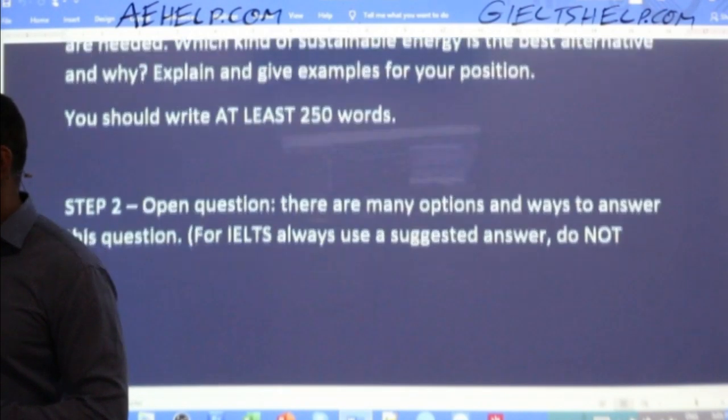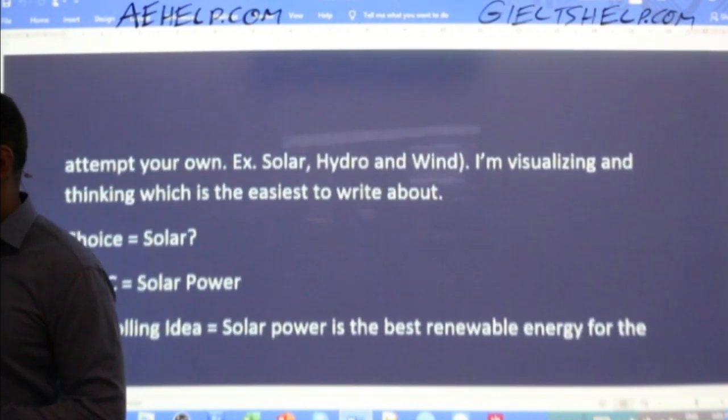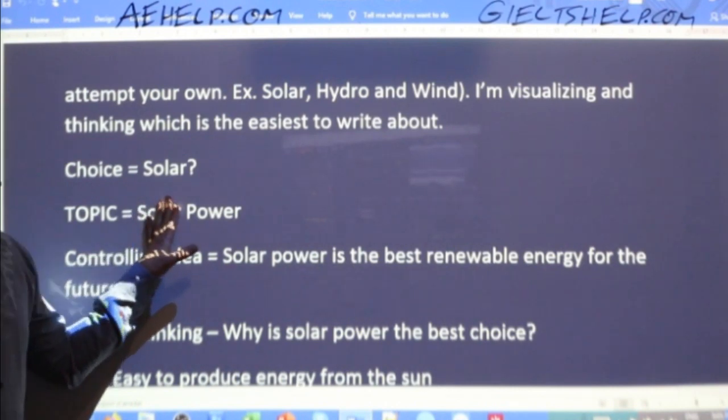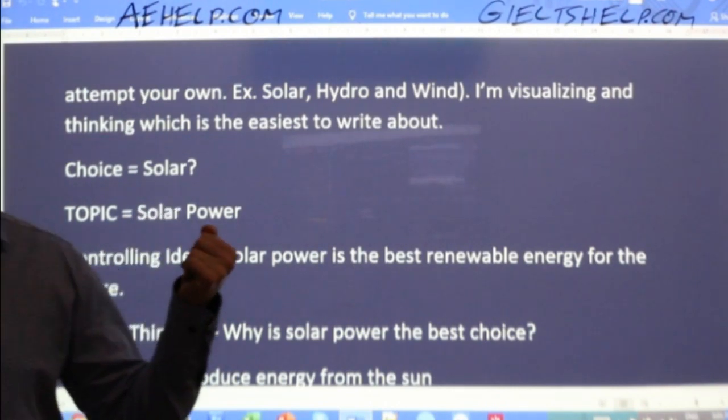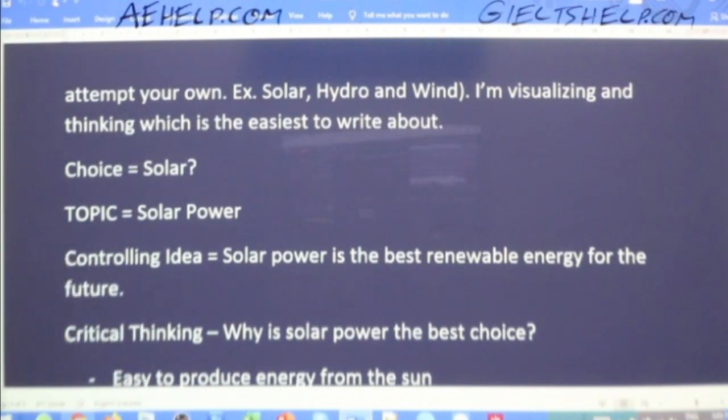Okay, so we paraphrased the question. We made sure we understand it. Then we realized that choosing solar power is a wise decision because there's a lot of information that we can write about solar power.